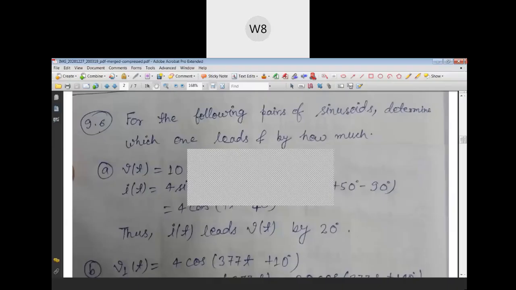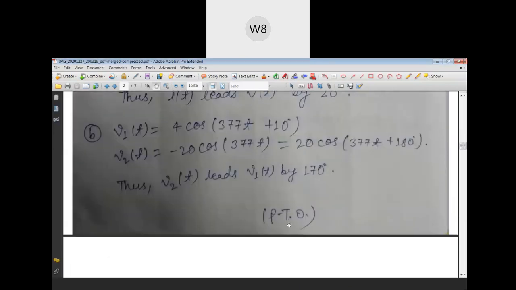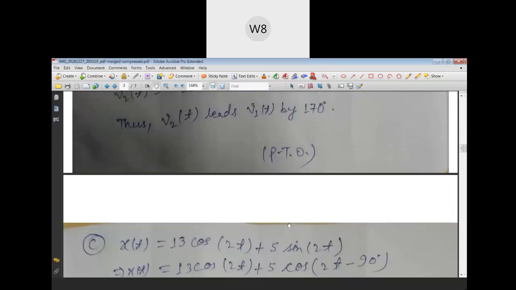Let me show the solution. So here we have xt equal to 12 cos 2t plus 5 sin 2t.